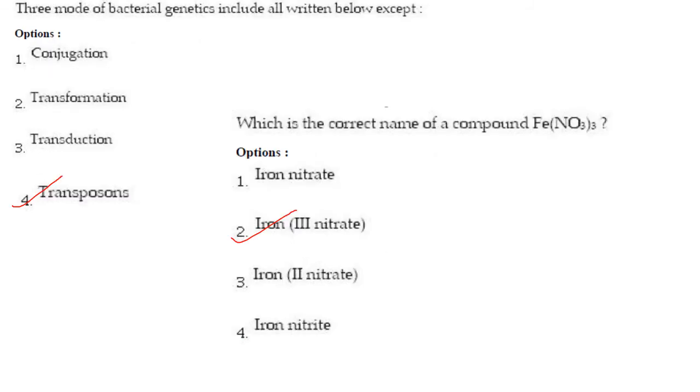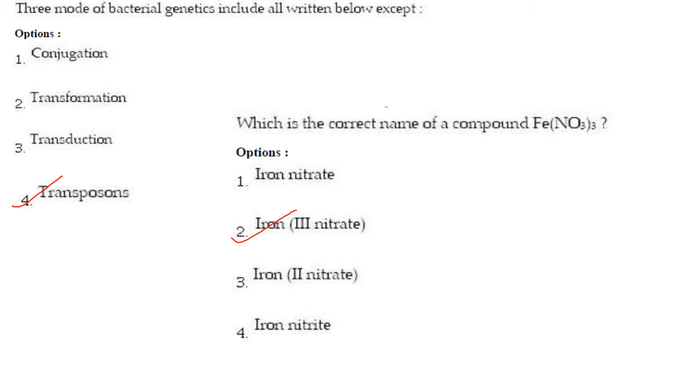Next one. Three modes of bacterial genetics include all written below except option 1 conjugation, 2 transformation, 3 transduction, 4 transposons. Answer is option 4 transposon. Next one. Which is the correct name of the compound Fe(NO3)3? Option 1 iron nitrate, 2 iron 3 nitrate, 3 iron 2 nitrate and 4 iron nitrite.